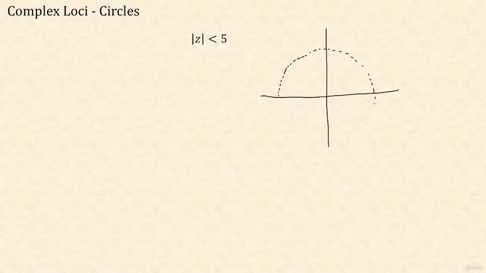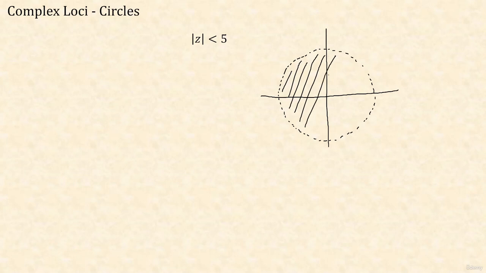So I'm putting this dotted line round here to represent the points whose modulus is 5. Now, what we want then is this entire region in here. So it's this whole disk here, that's the mathematical name for this, not a circle. The circle is the edge of this. So it's this disk in here.